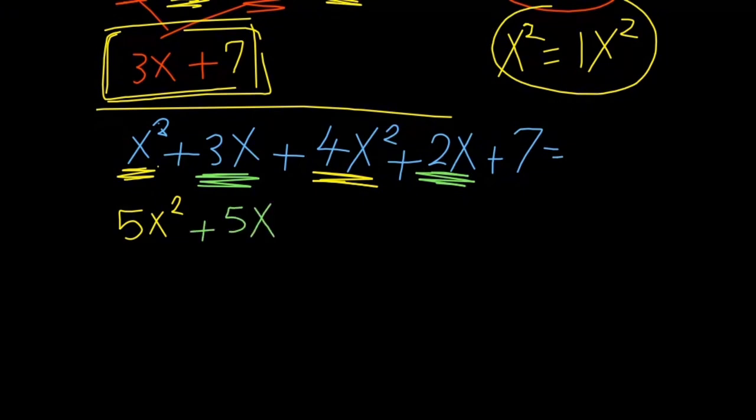And we notice that we have this number by itself, which is the 7. What do we do with the 7? There's no other constant number, so I'm going to put plus 7 as it is. So what is the simplest form of our polynomial? It is 5x squared plus 5x plus 7.